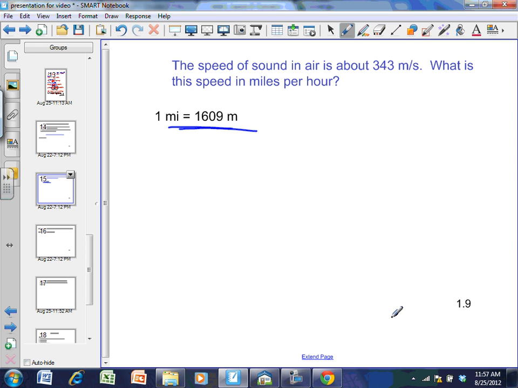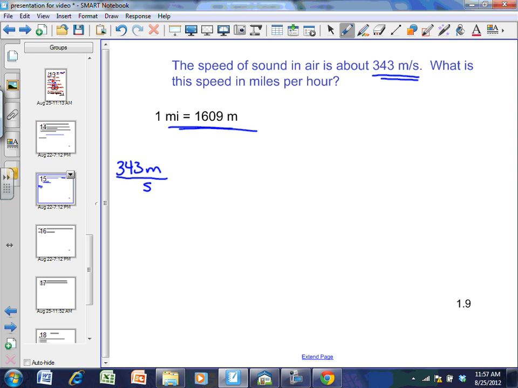I'm going to start with what I want to convert, 343 meters per second. And per, what does per mean? It's a ratio. It's a division problem. It's meters divided by seconds is meters per second. It's how far an object has traveled per unit time.